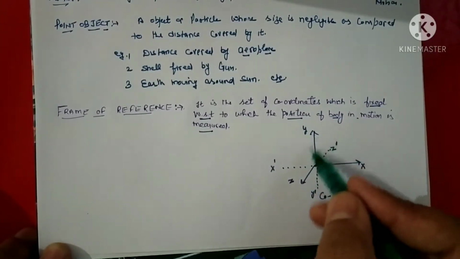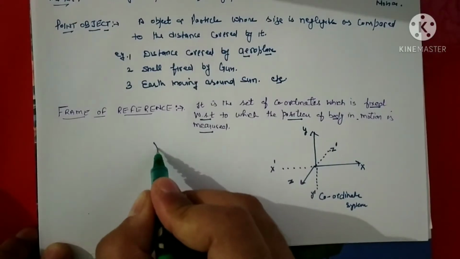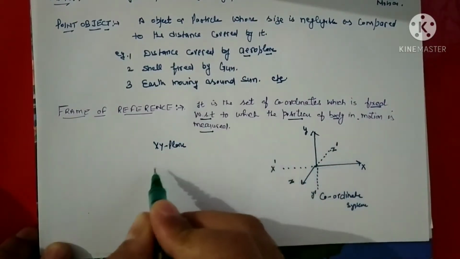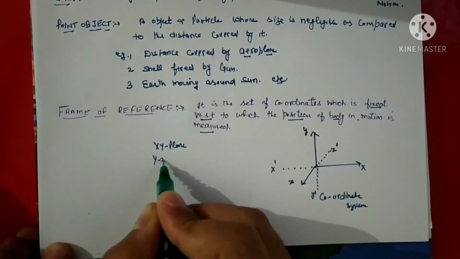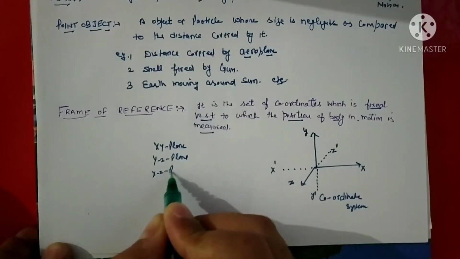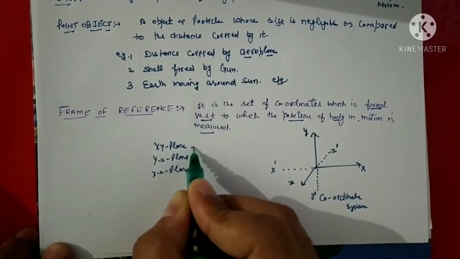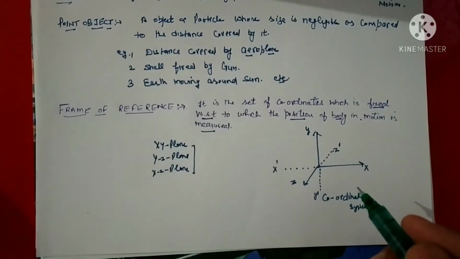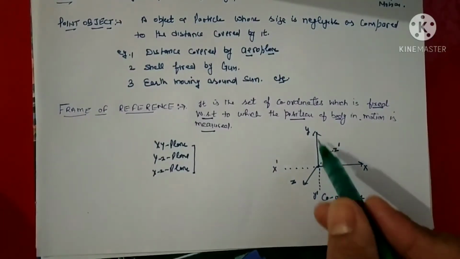And in this coordinate system, we have the xy plane, then the yz plane and the xz plane. These are the three planes which make a coordinate system. This is the xy plane.